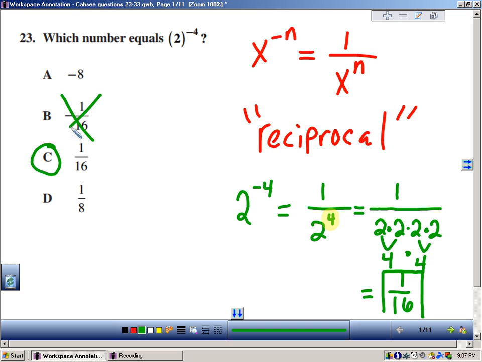It's not 2 times 4, which is 8. That would be wrong. So you have to know what you're doing to get this answer correct. Think about it. Moving on.